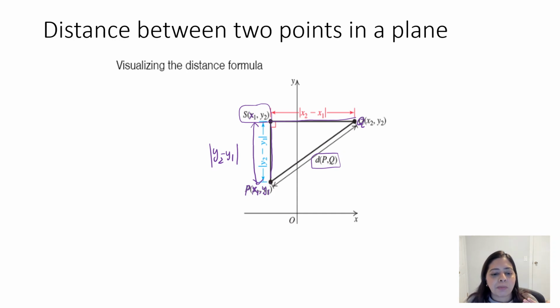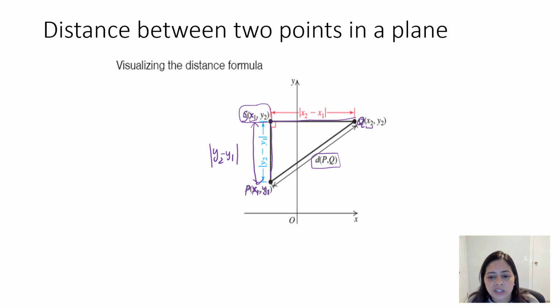So the distance between the point S and point P is y2 minus y1, absolute value. On similar lines, I hope you can understand the distance between the point S and Q. They are sitting on the same y level, but they have different x values. So the difference between x coordinates will give you the distance between them. So it's x2 minus x1. Subtract them, and you will get this distance.